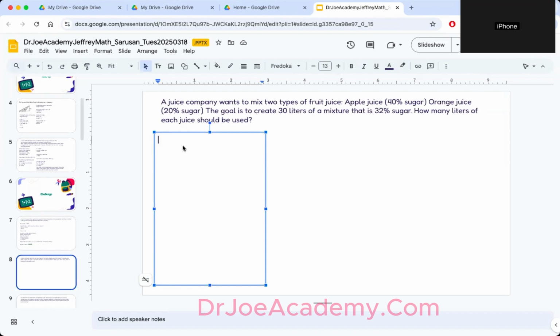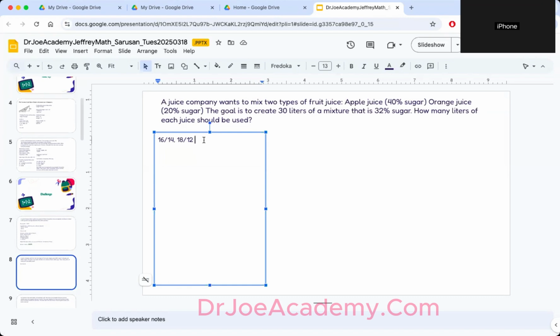It has to be like 16 and 14 or 18 and 12. I'll just put those splits down: 16, 14, 18, 12. One of these could work. I'm really not sure actually.